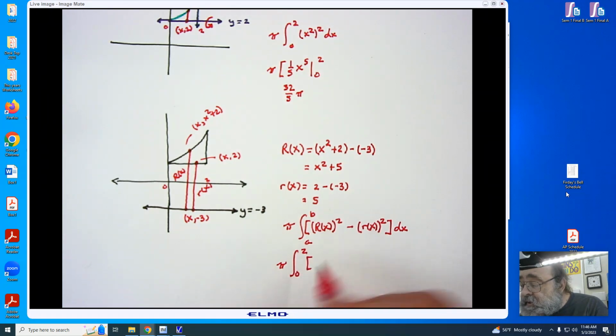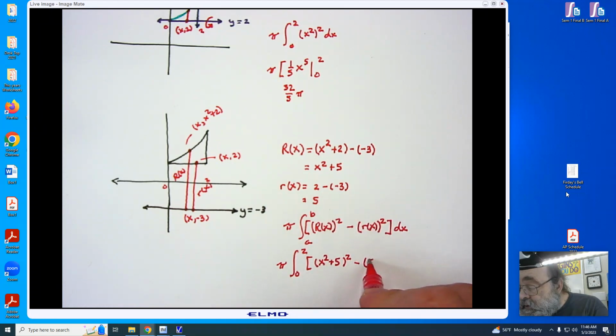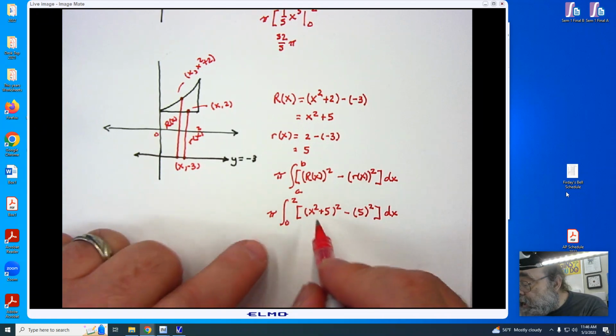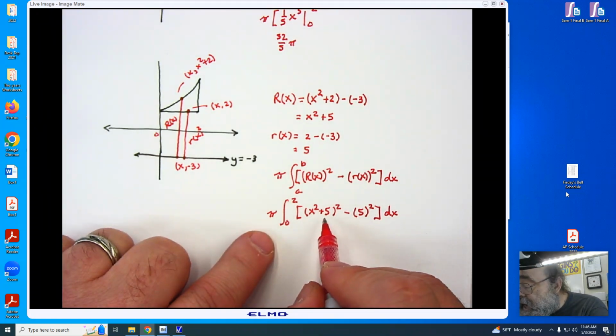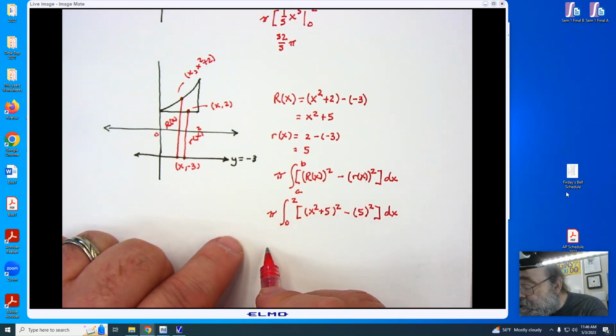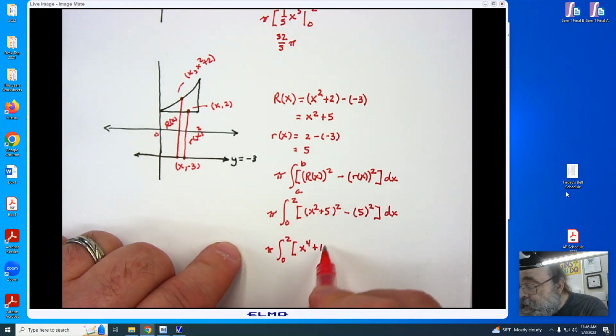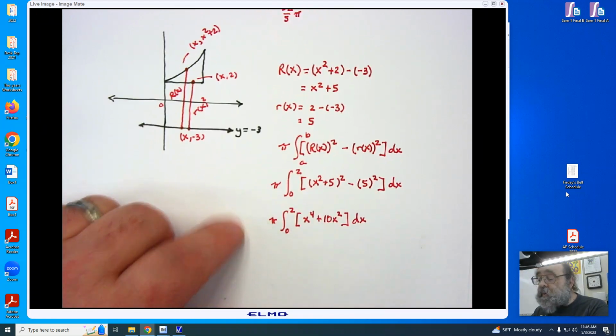But what has is the big R: x squared plus 5, the quantity squared, and the little r, which is now 5 squared, dx. This is now what we would work with. And we would end up with x to the 4th plus 10x squared plus 25 minus 25. And that leaves me with x to the 4th plus 10x squared dx. And this is what we would now integrate.